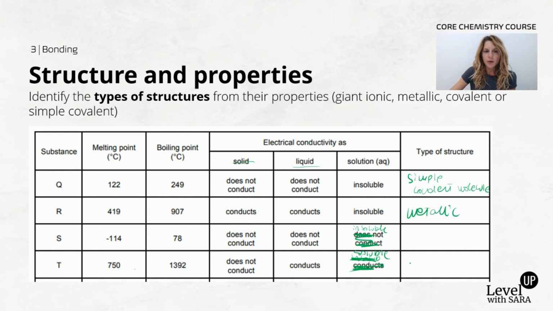S has a very low melting point and is not conductive, which means that it has neither delocalized electrons nor free moving ions, so it must be a simple covalent. T does not conduct when solid, but does as a liquid. There is only one type of substance that does that: when it becomes liquid, the ions are free to move, and this is ionic. So it must be a giant ionic lattice. There you go. I hope that is clear. If you have any questions, let me know.